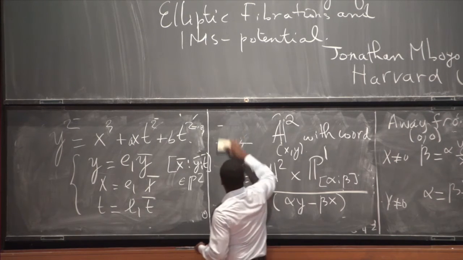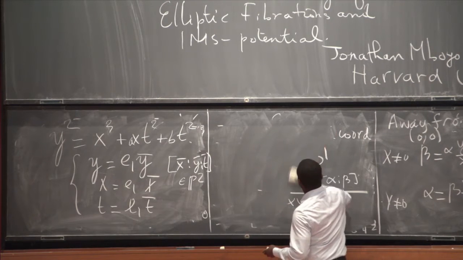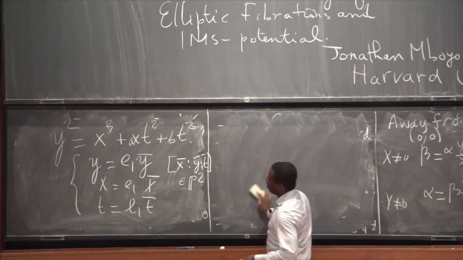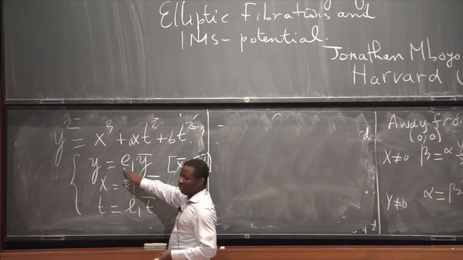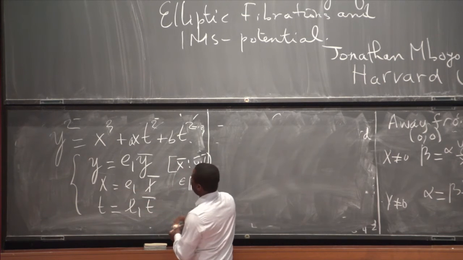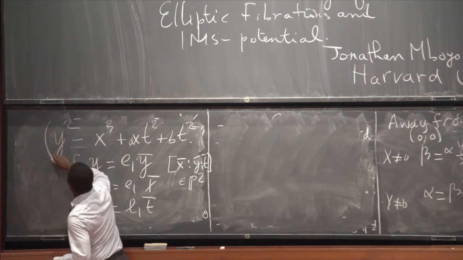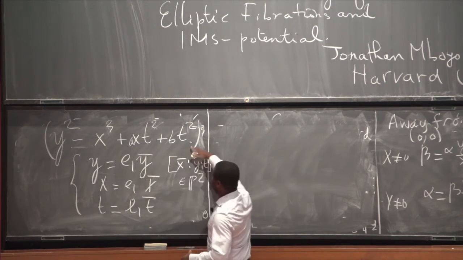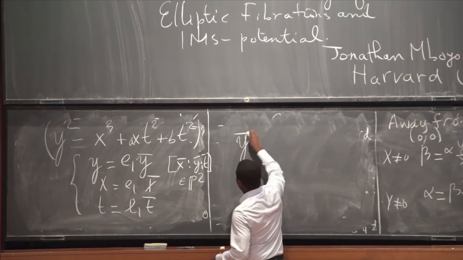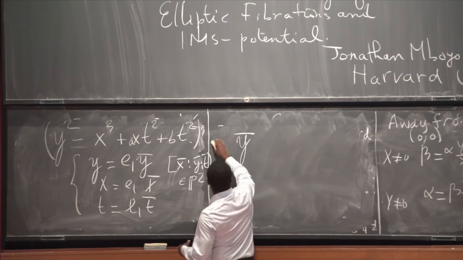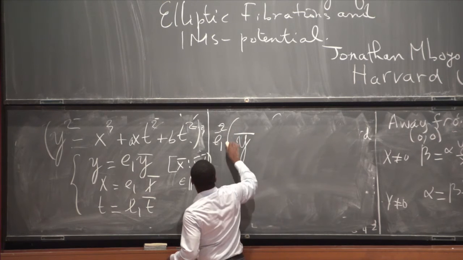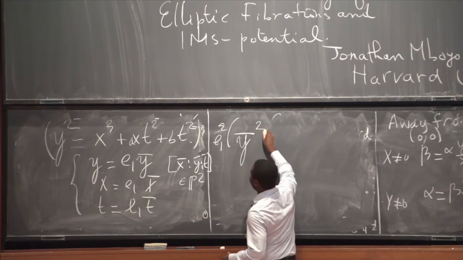So then, if you implement this inside the equation, the first thing you see is that you can actually factor a power of E1. So think of this equation as this, and when you rescale by E1, there is a factor of E1 square that comes out.